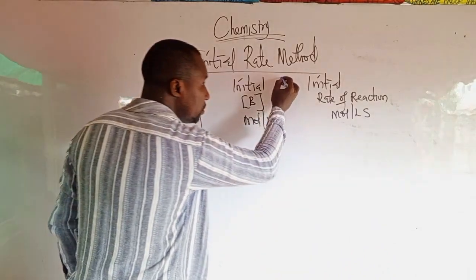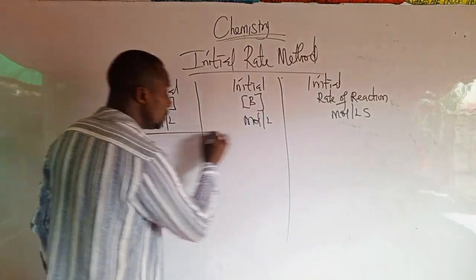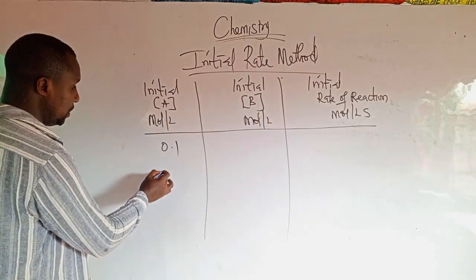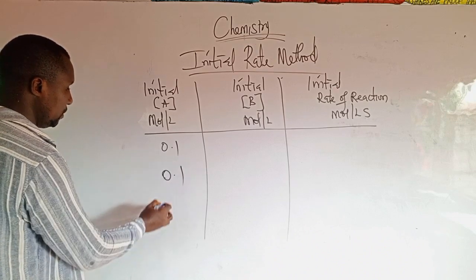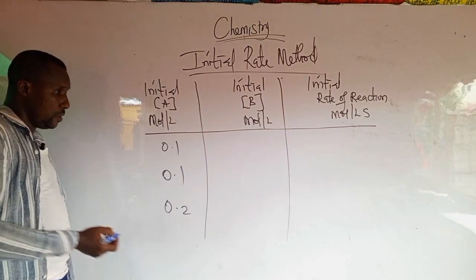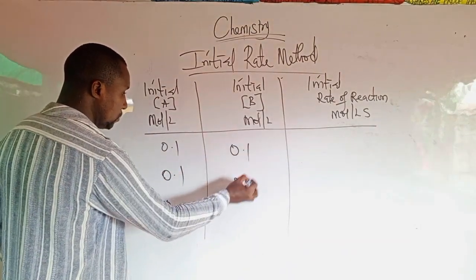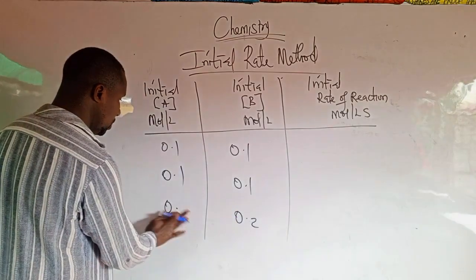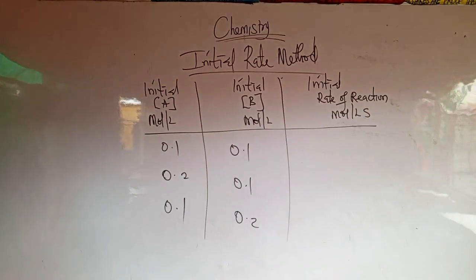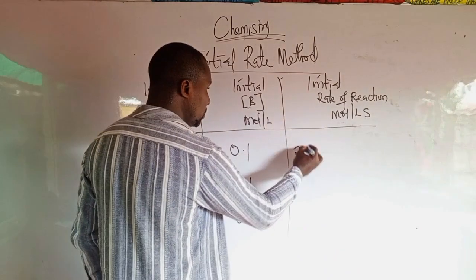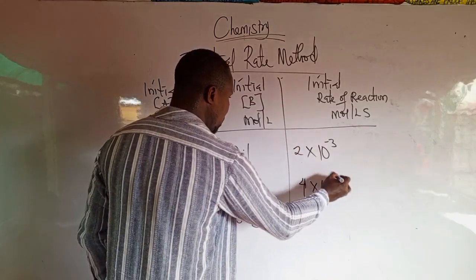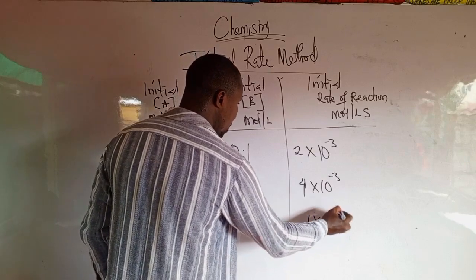For the first experiment you have 0.1, 0.1, 0.2, then 0.1, 0.1, and 2 times 10 raised to power minus 3, 4 times 10 raised to power minus 3, and 1 times 10 raised to power minus 3.